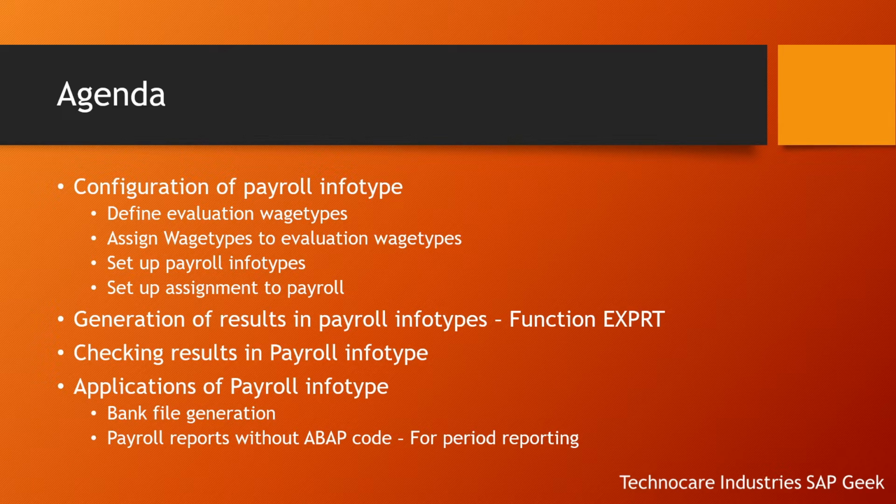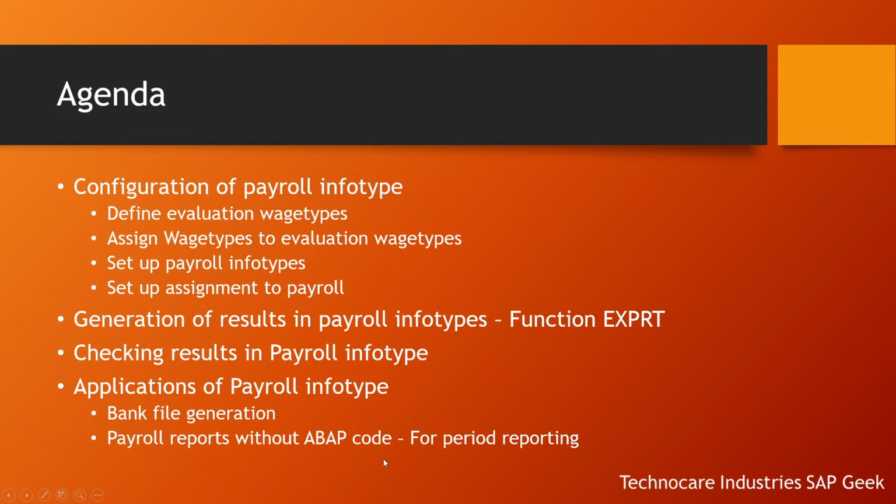Just by selecting the data from that table, we are able to fetch all the required details that we need for bank file generation. So basically we can reduce the time required for fetching the payroll results that we need. That is the first application of the payroll infotype.